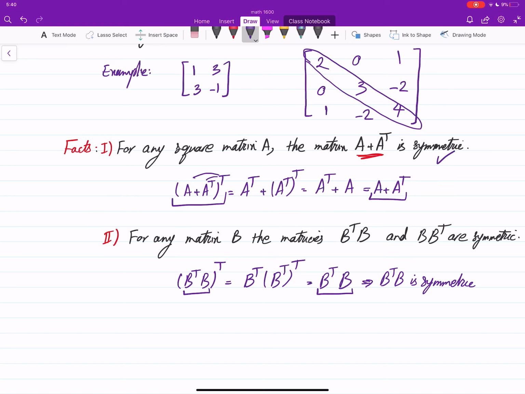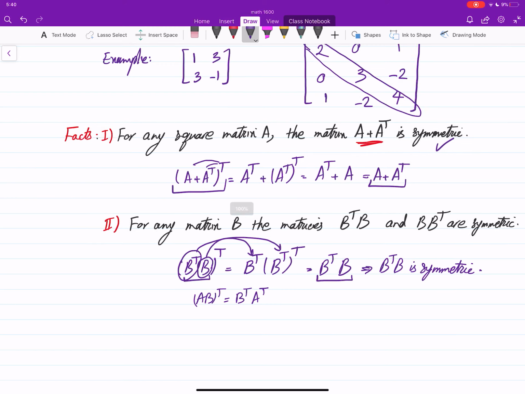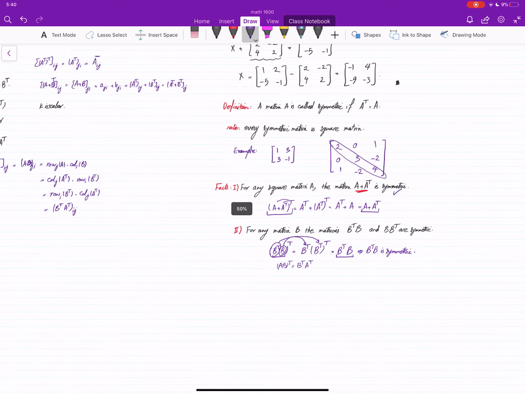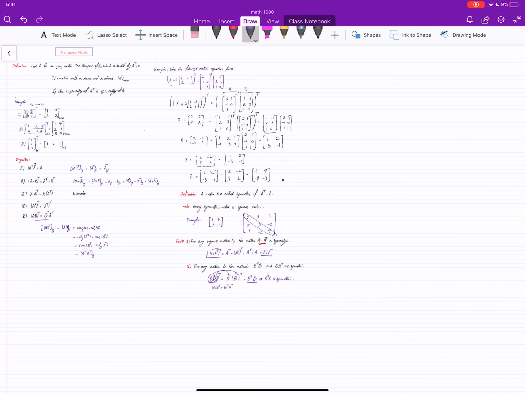You can do the other one also, it has a very similar proof. The only thing here is that the transpose of AB is B transpose A transpose. This is why this guy comes first and the transpose of this guy comes second. You just multiply any matrix by its transpose from left or from right, and you will get a symmetric matrix. These were just basic properties of transpose and symmetric matrices.